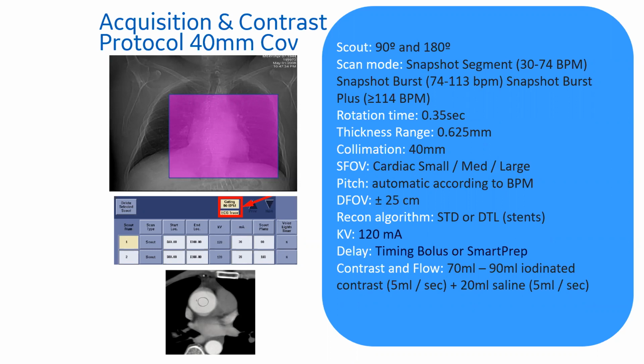Yes, exactly. Very useful for the 64 system owners or users. It's very important to understand this. So you can minimize contrast usage if you have a very good coverage system. So be attentive with these suggestions that you're going to use in your day.